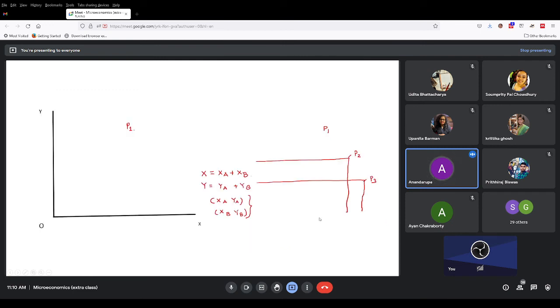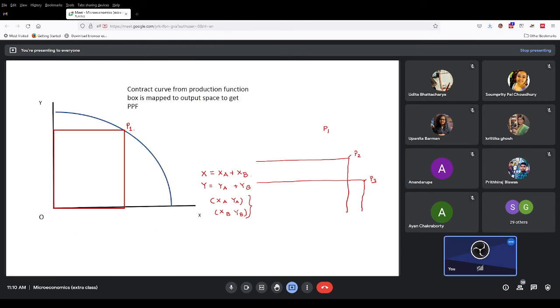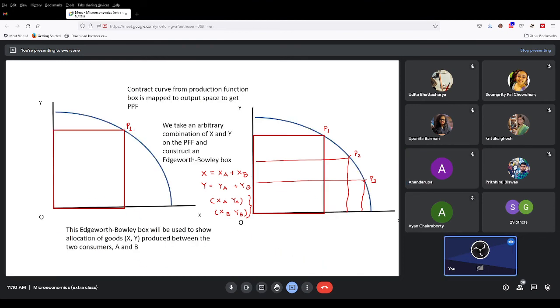Exactly. So when I'm looking at P1, well, I hope I am getting it correctly. I do remember Y was 500.